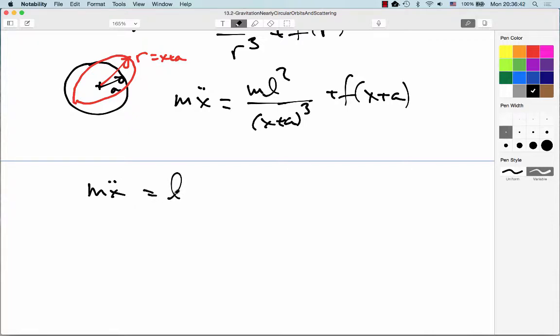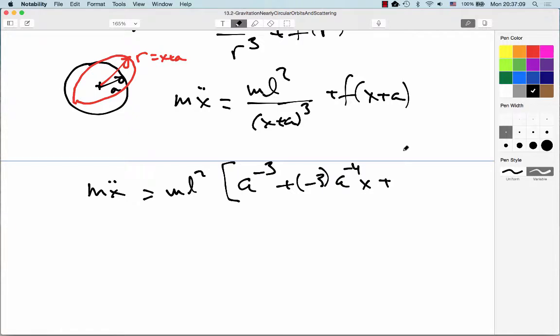We'll look at the m l squared part. So expanding here, expanding about a is effectively expanding about x equals 0. So I'm just taking a Taylor expansion. So I'll get an a to the negative 3, and then I have to differentiate that. So it'll be plus negative 3 times a to the negative 4 x plus, following this further, negative 3 times negative 4 over 2 factorial a to the negative 5 x squared plus and such from that term.